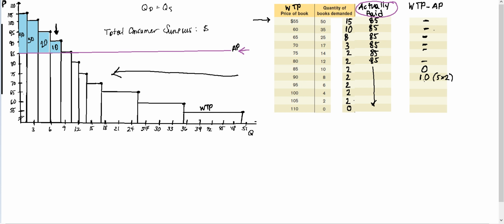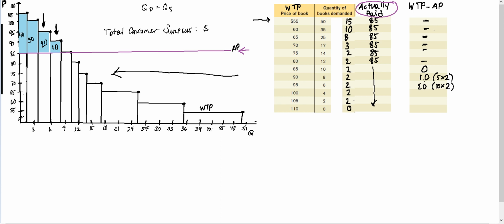That corresponds to our next bar there, where the area under the bar but above the line is 20. If you look at the third, now you have 2 people who were willing to pay 100, but who got the books for 85. So for each of them, the market generated a consumer surplus of 15. There were 2 of them, and so their total is 30, and I'll just put 15 times 2.